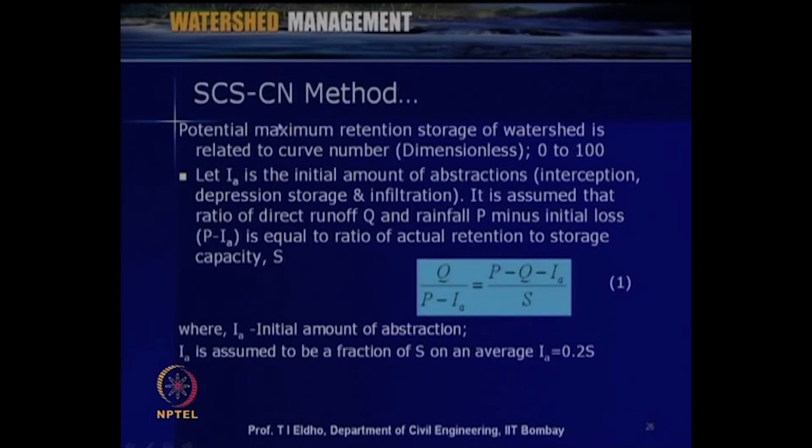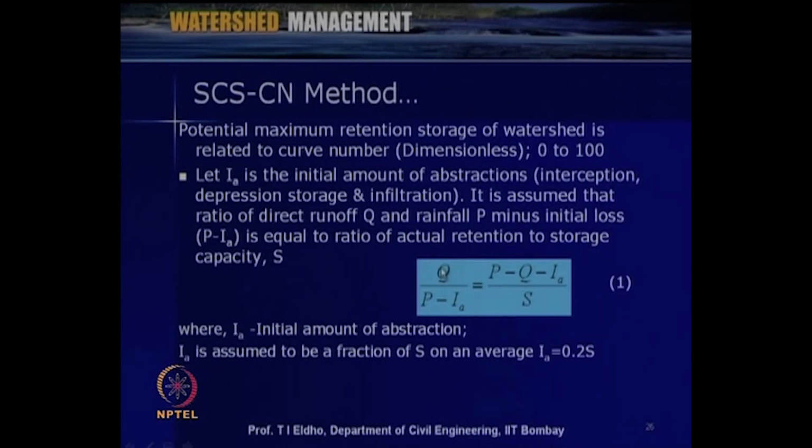Then in this method the potential maximum retention storage of the watershed is related to the curve number, which is a dimensionless number that varies from 0 to 100. If IA is the initial abstraction, like interception, depression storage and infiltration, then it is assumed that the ratio of direct runoff Q to rainfall minus initial loss, P minus IA, is equal to the ratio of actual retention to storage capacity.